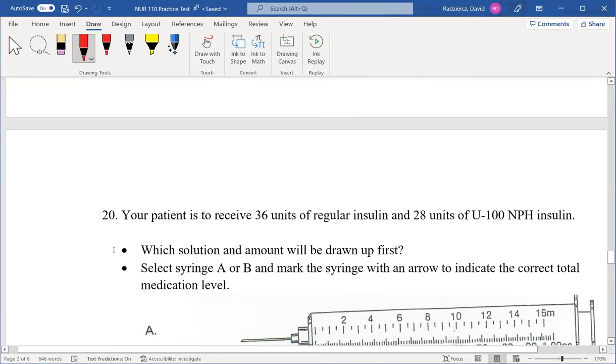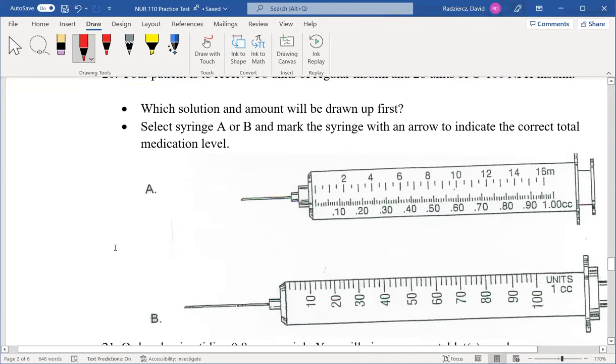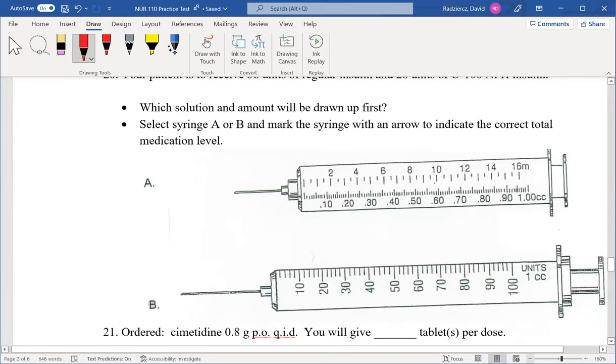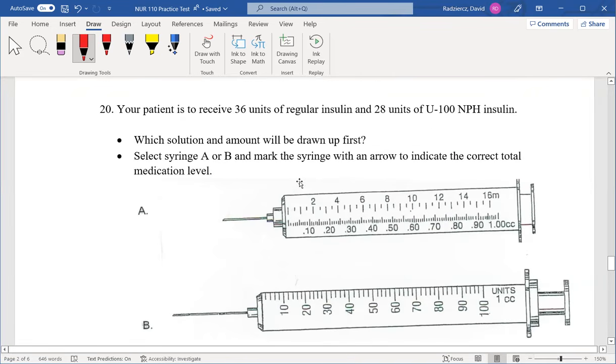All right, next question. This is one that has a little bit of nuance to it. It tells you your patient receives 36 units of regular insulin, 28 units of U100. Which solution amount will be drawn up first, and then select a syringe A or B and indicate the total correct medication level.